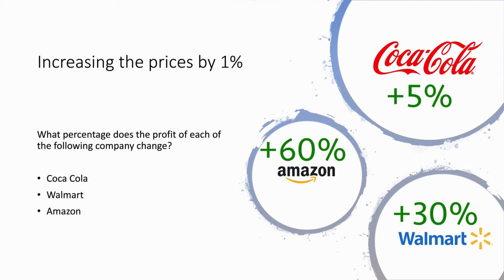So let me lay out the calculation for you. Let's say you have a company and the company's total revenue is $100. And this company, like Coca-Cola, has about 20% profit margin. So the cost is $80. And 100 minus 80 is 20. That's the company's profit.